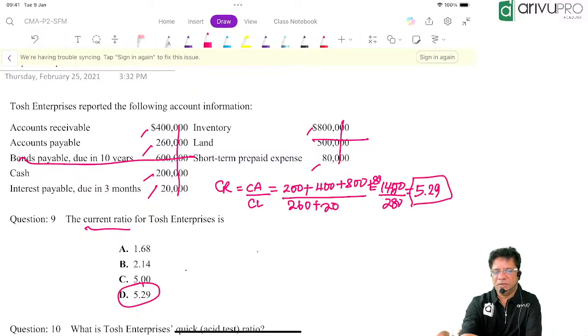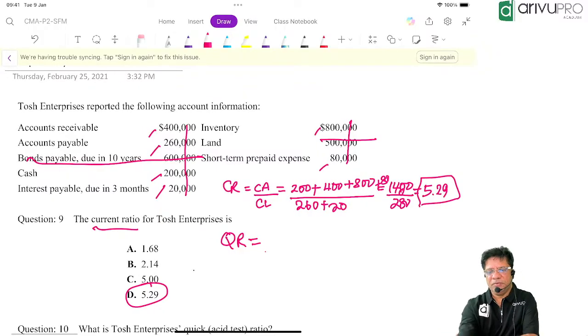Now, what's the quick ratio? In quick ratio, it is actually called quick assets. Quick assets are what?